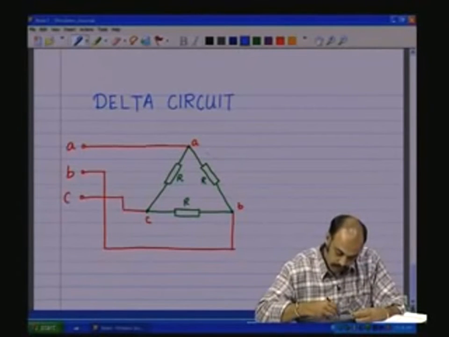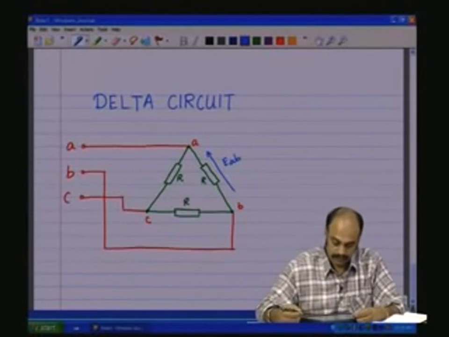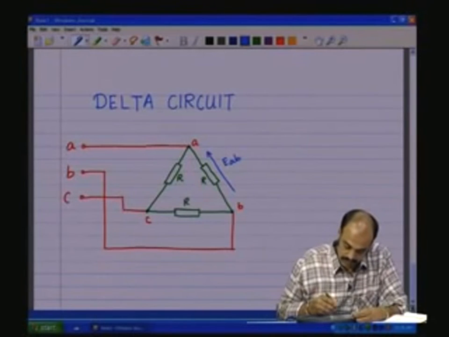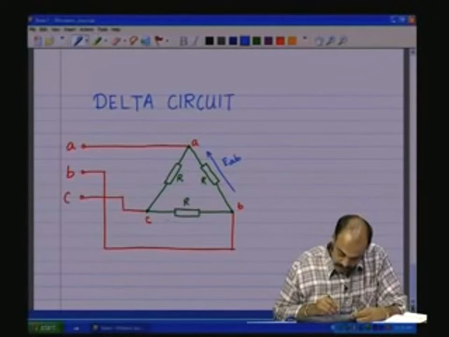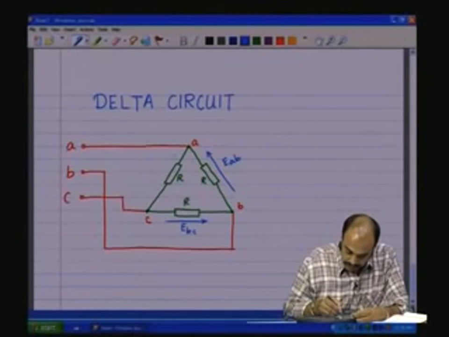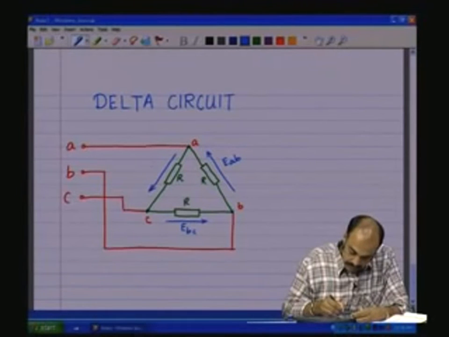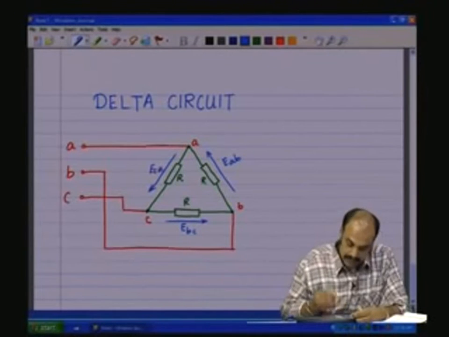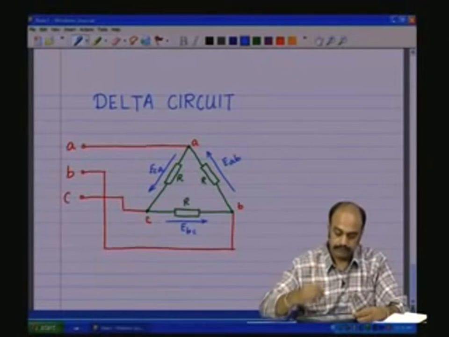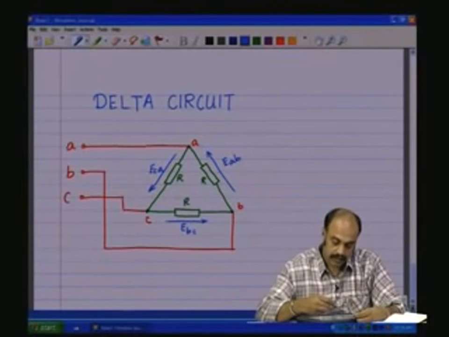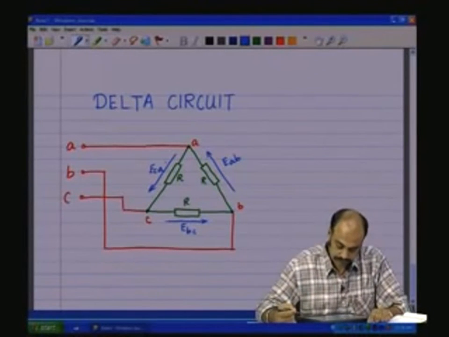Now, A to B, we shall call this E A B. Then we shall call this E B C, and we shall call this E C A cyclically. Cyclically, we have EAB, EBC, ECA.